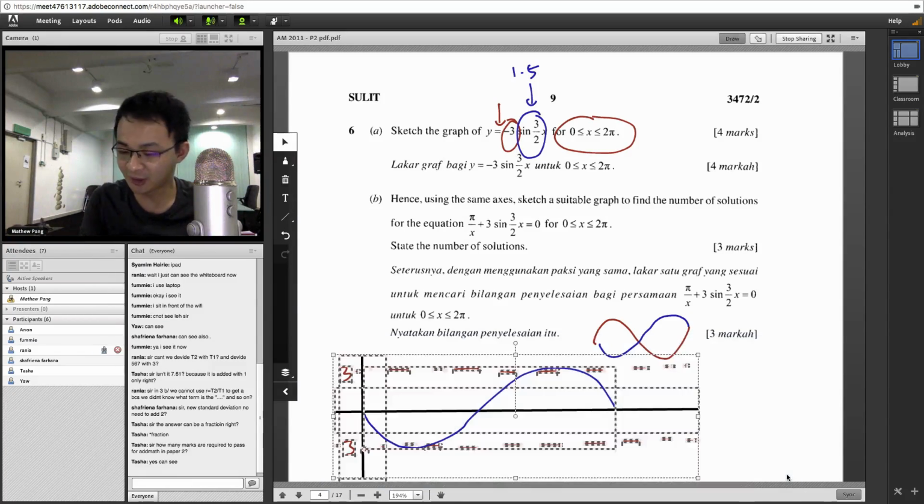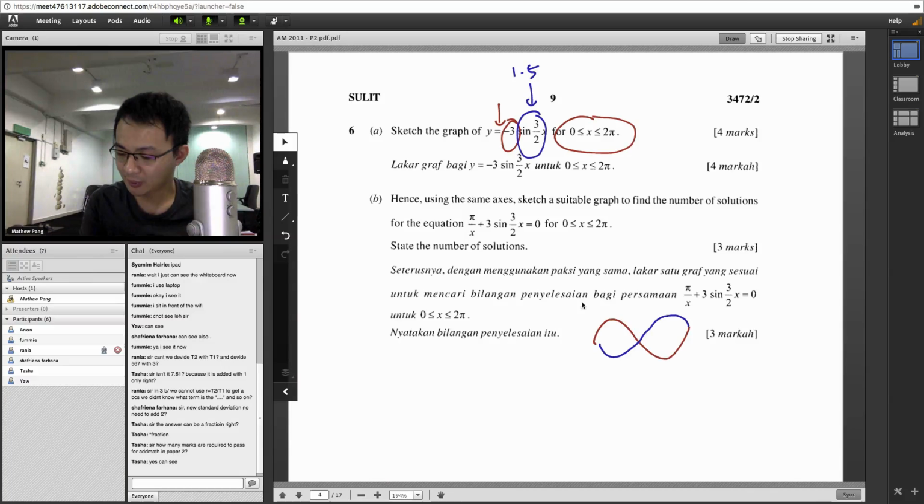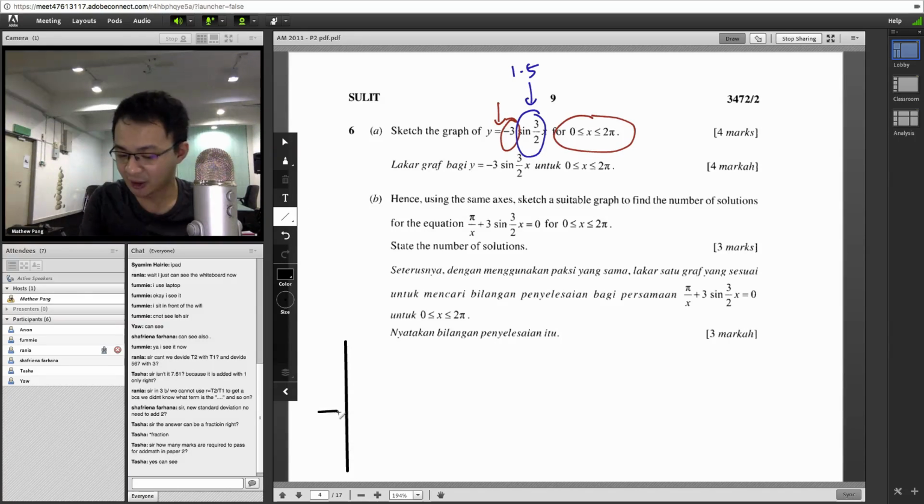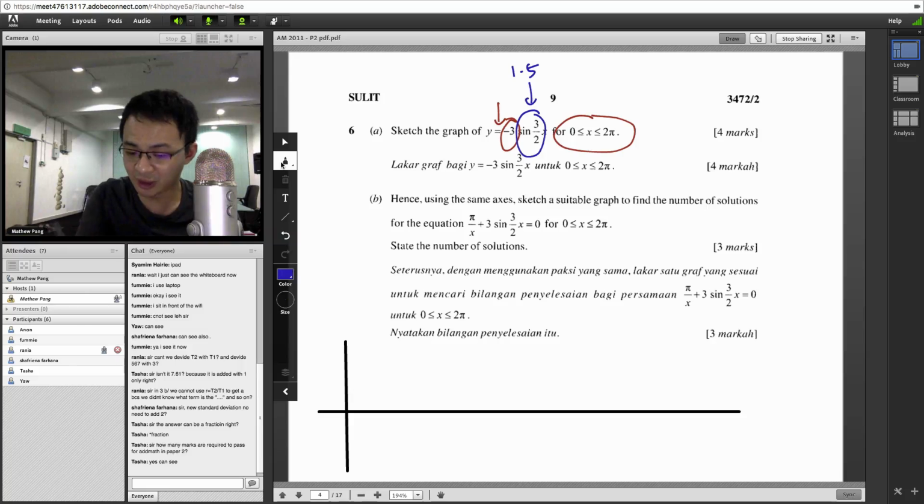Okay, let me just erase this one. Oops. Let me draw it again because I do not want to draw that line first. Oh, this is sine, right? I think I drew something wrong because this is a sine graph. Sine must start from 0.